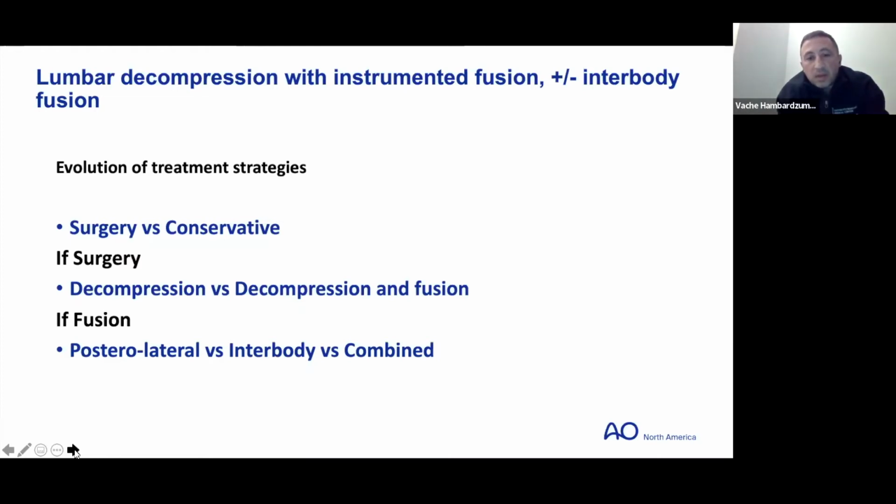And fusion has gradually evolved and become more comprehensive, from posterolateral fusion to interbody fusion and combined fusion. Several questions have been answered during these decades, and there are still some questions which need to be answered. Next slide, please.